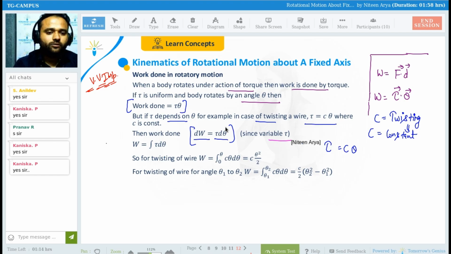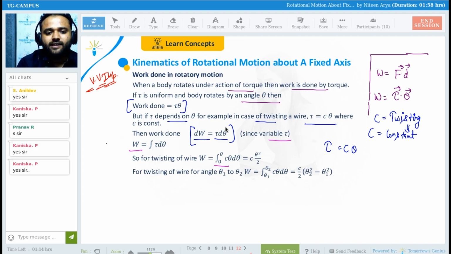Since tau is variable, W is going to be the integration of tau d theta, and theta goes from 0 to theta. 0 means whatever the plane angle, angle 0, and then from 0 angle to any particular theta we are going to rotate. So the integration from 0 to theta of C theta d theta gives you C theta square by 2.